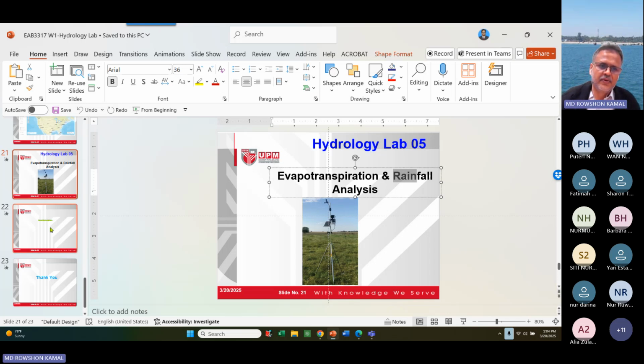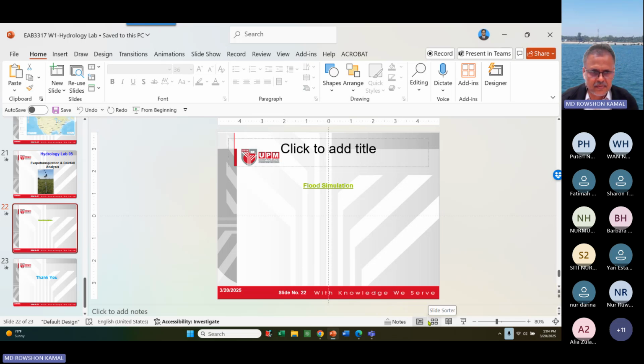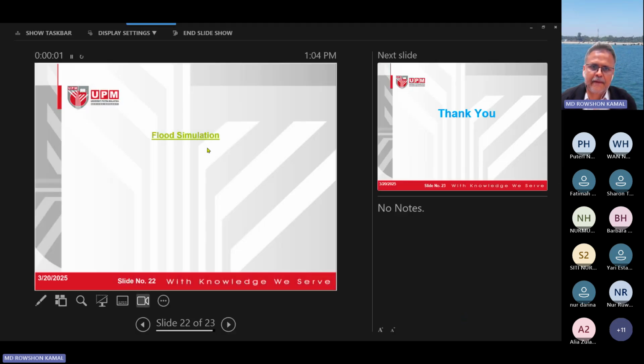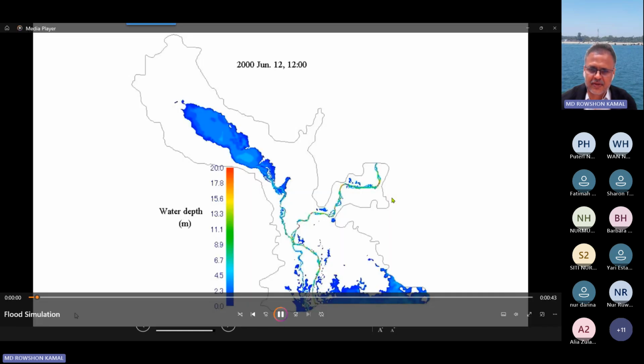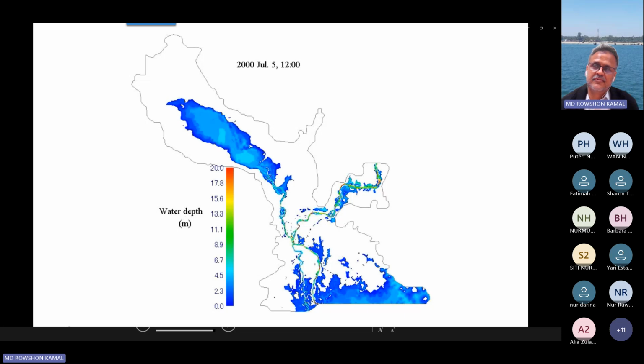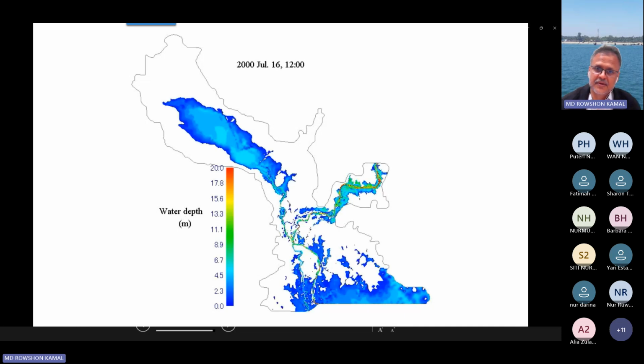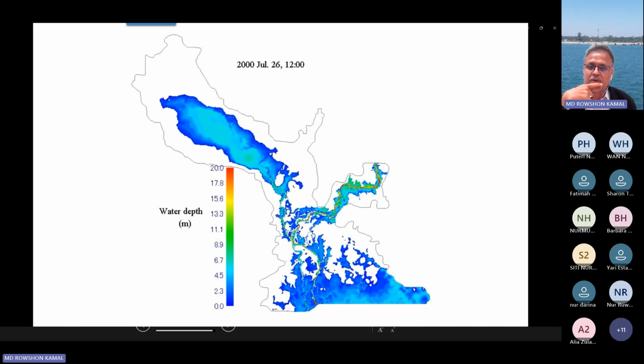Last but not least, this is something I show you, maybe if you like it. Once you have expertise in hydrology, you can develop something like this. Can you imagine what this is?